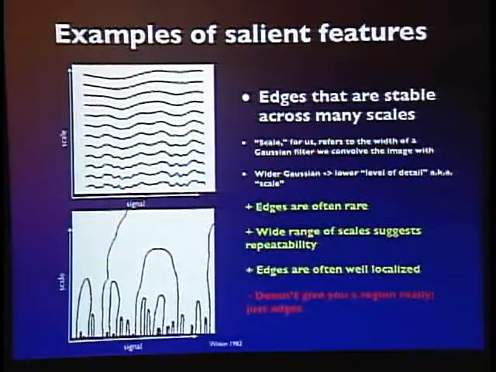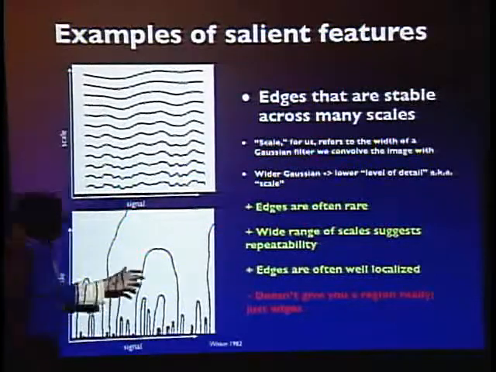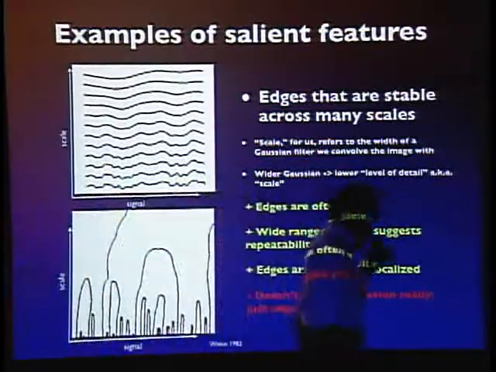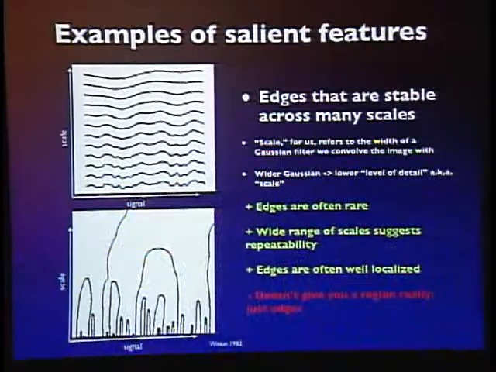So this can be useful because edges are often rare, so it has that rare quality to them. It's usually not the case that an image is just filled with edges. If something is present at a wide range of scales, that suggests to you that it's repeatable.